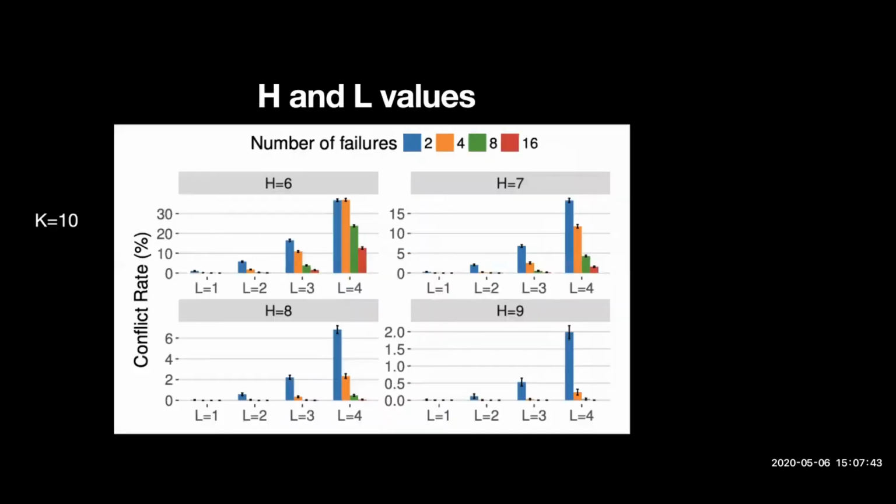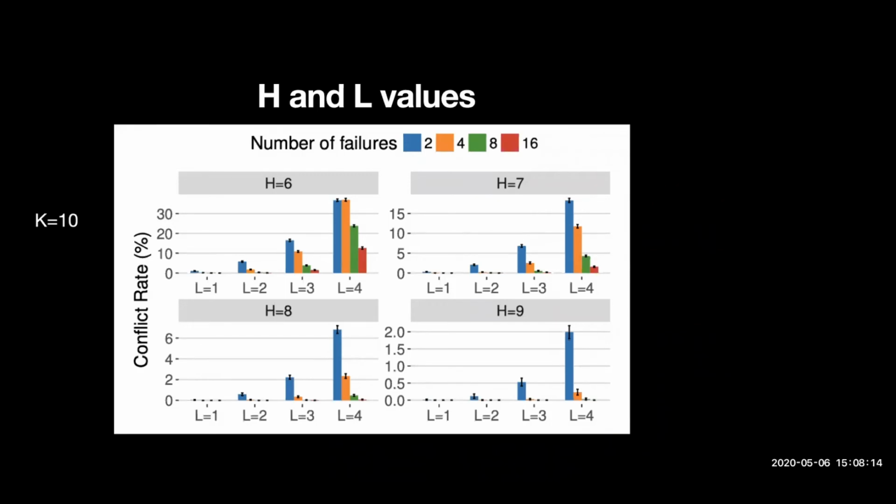Lastly, they give an empirical analysis on high H and low L values. With K equals 10, they vary the number of failures and see the conflict rate that they get. They realize that if H minus L is larger, they get a lower number of conflicts even for a high number of faults.